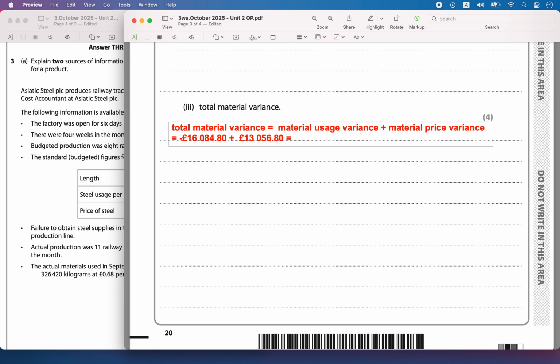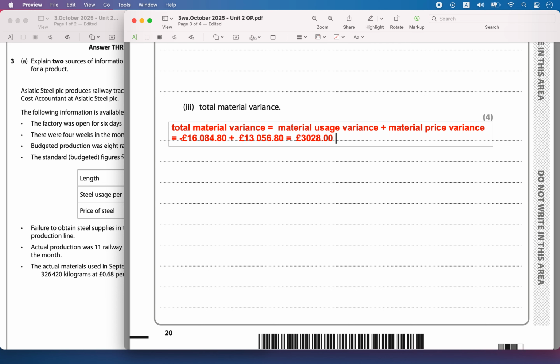So it is going to be equal to 3,028.00 pounds.